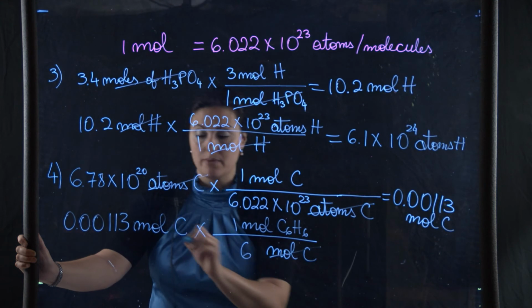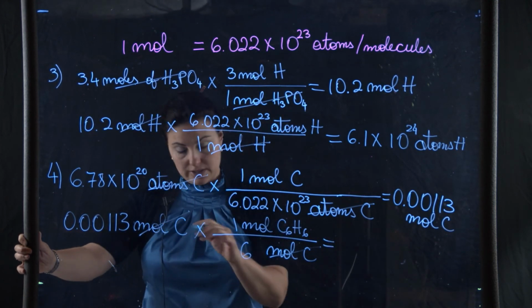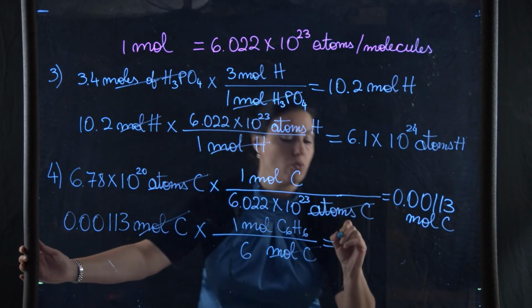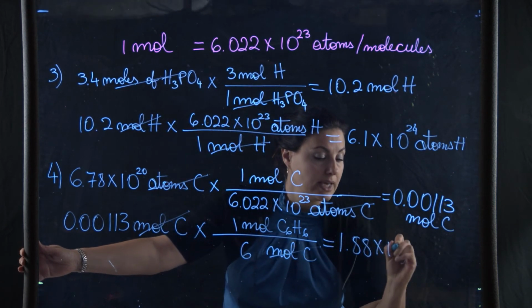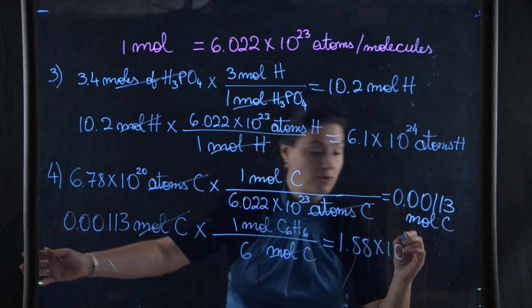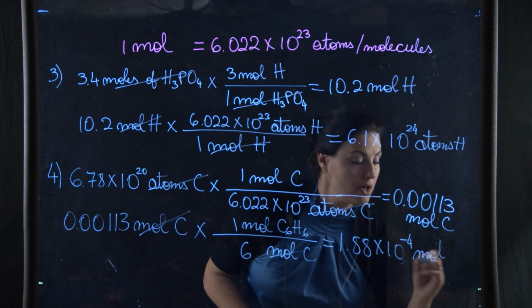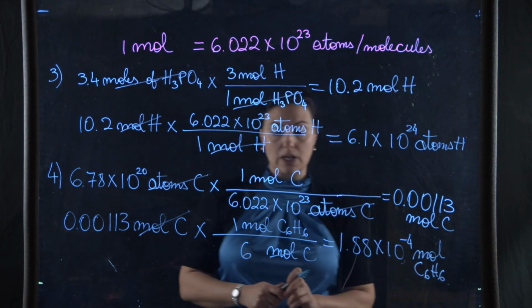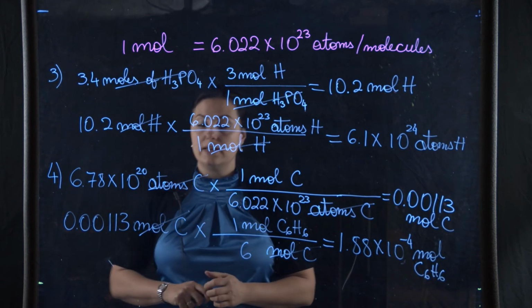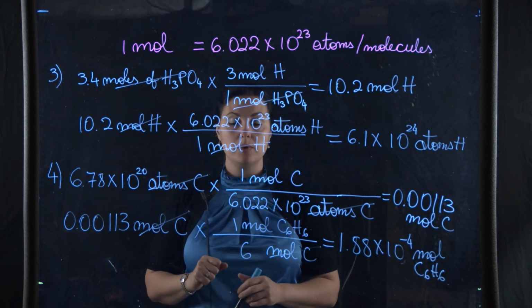My moles of carbon will cancel, and if you do this division, you should get 1.88 times 10 to the minus 4 moles of C6H6. Okay, this is how you can work out these types of problems.